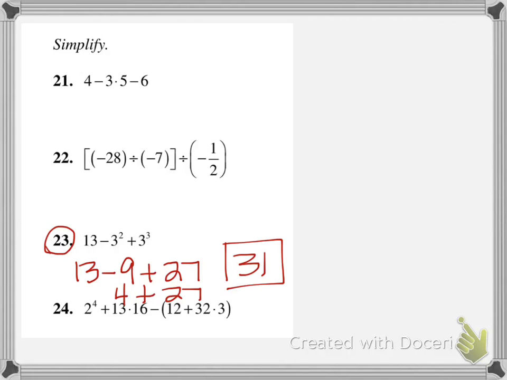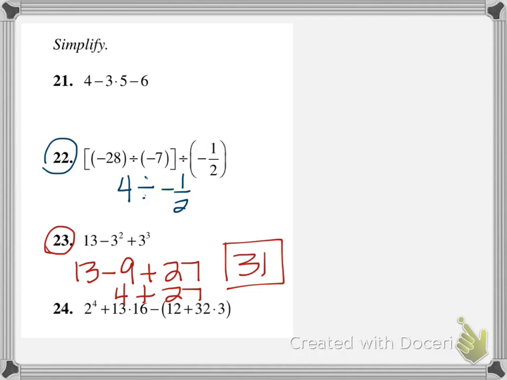Okay, we haven't done one with a fraction, so let's go ahead and do the problem up above, 22. So I have some grouping symbols, so I'm going to work with that first. I have negative 28 divided by negative 7. Negative divided by negative is a positive, so that is going to be 4 divided by negative half.